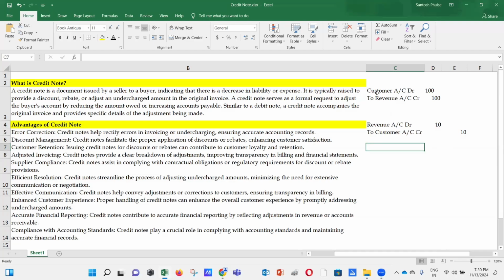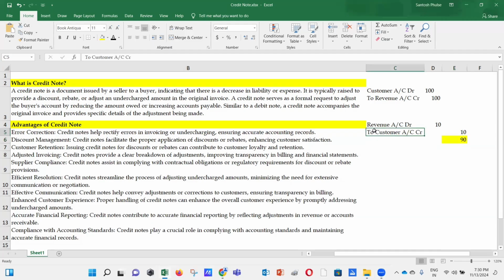Our receivable balance here is 100, and when we credit the customer, it is going to be 100 less 10. 90 is going to be receivable from the customer. So that's the credit note.